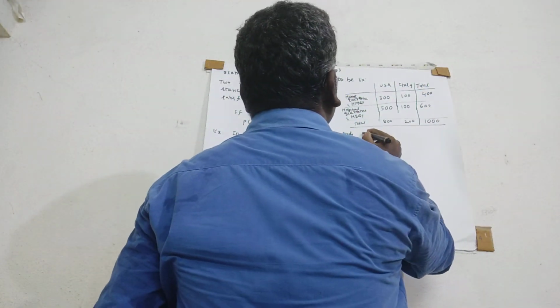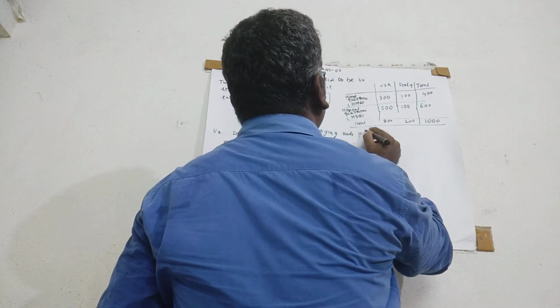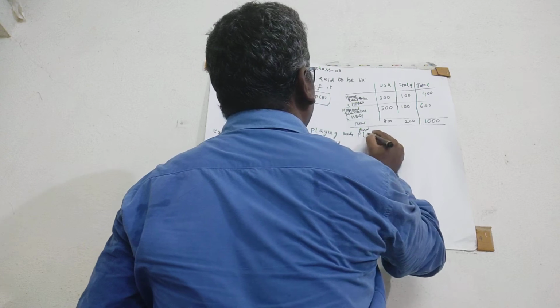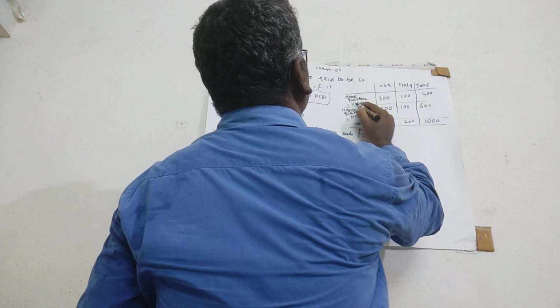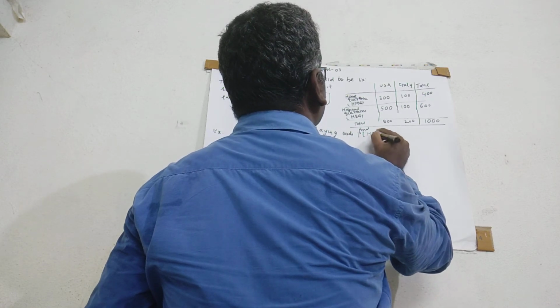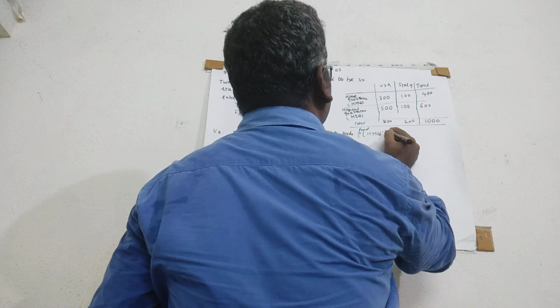Okay, what is the total probability equation? We need to find the probability of home quarantine, HMQ. Is it clear?